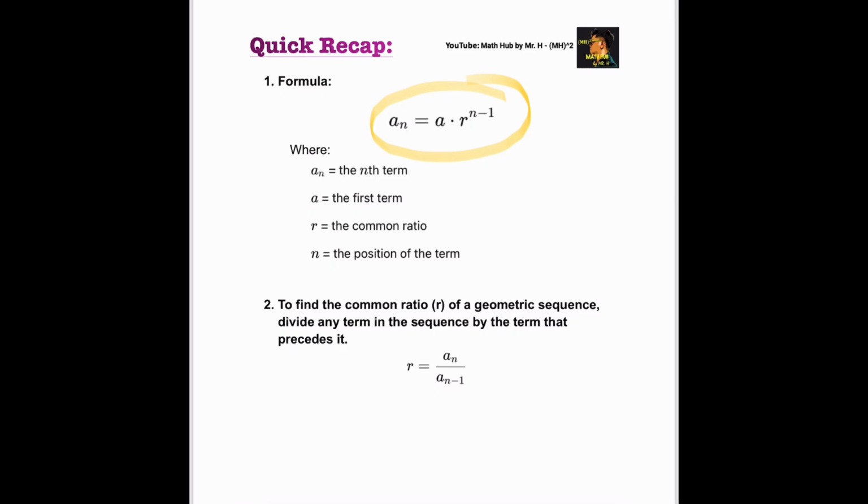And the second one, to find the common ratio or r of a geometric sequence, we need to divide any term in the sequence by the term that precedes it, which is also represented by this formula.